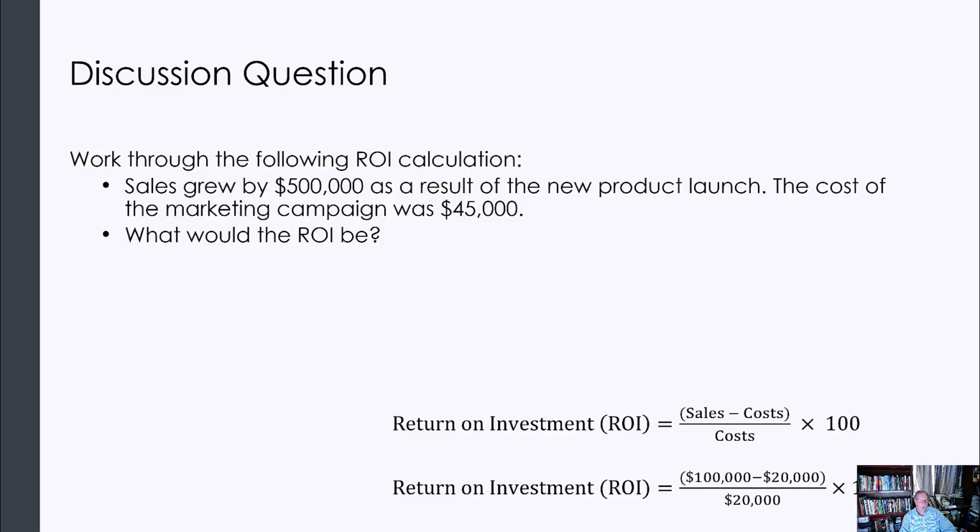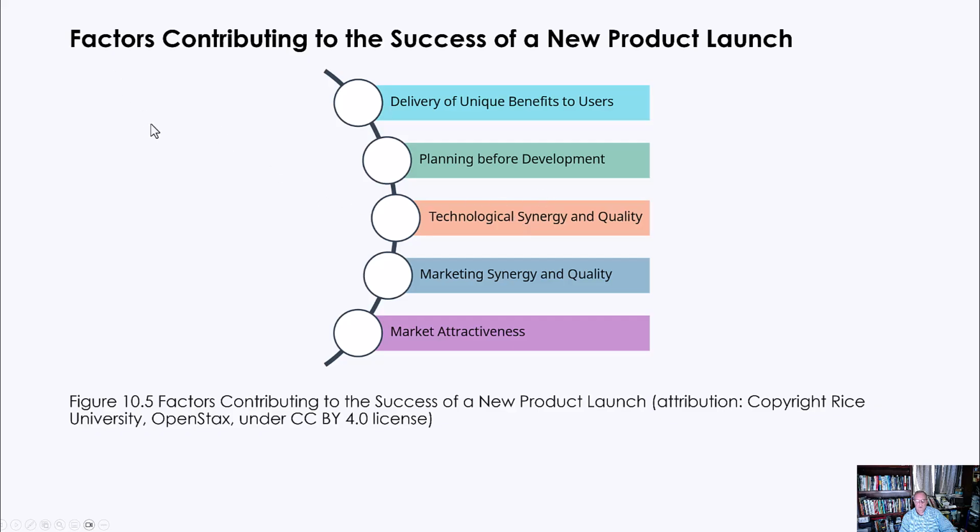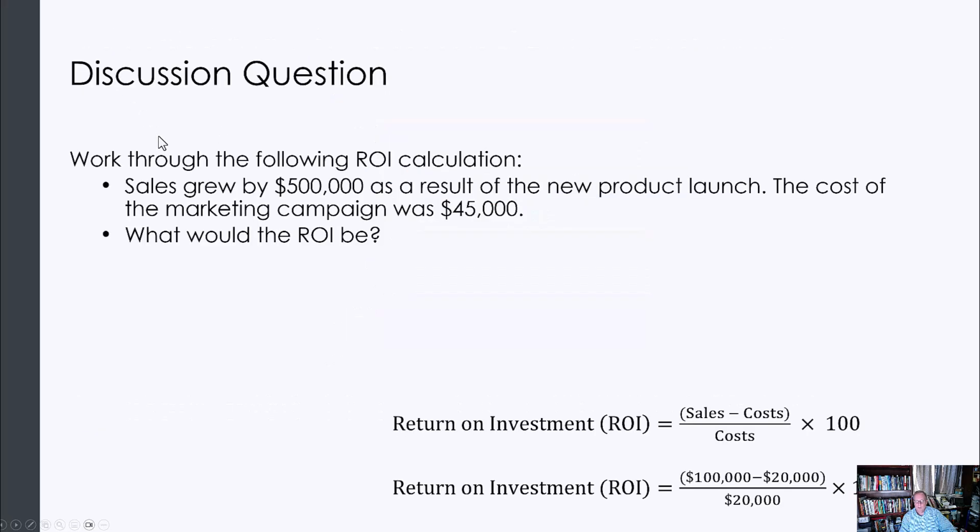And so there's a quick discussion question that says, if your sales grew by $50,000 and your campaign cost $45,000, did you get a return on investment? I think almost all of you can go, this marketing campaign cost was $45,000. Oops, I didn't mean to move that slide forward. But sales grew by $500,000.